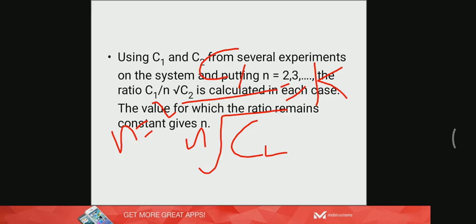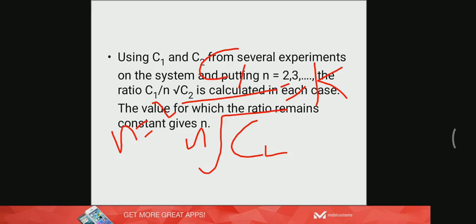So the point is, you substitute the values of C1 and C2 in this equation, giving n equal to 2 and then 3, 4, etc. Now for which value of n you get this ratio a constant gives you the kind of association taking place, because the partition coefficient has to be constant, you know.